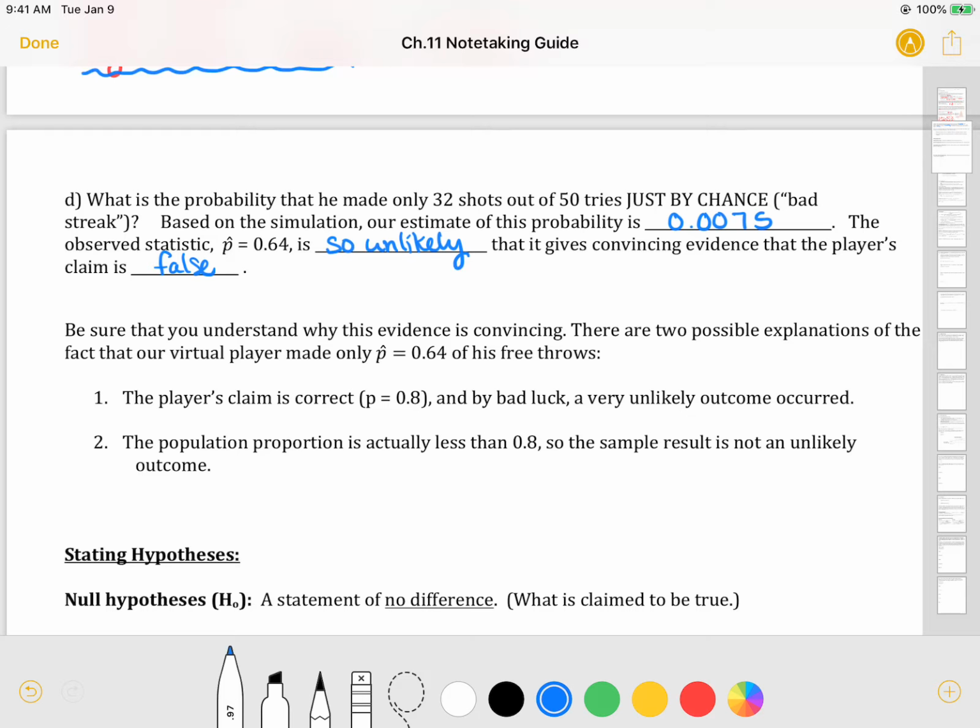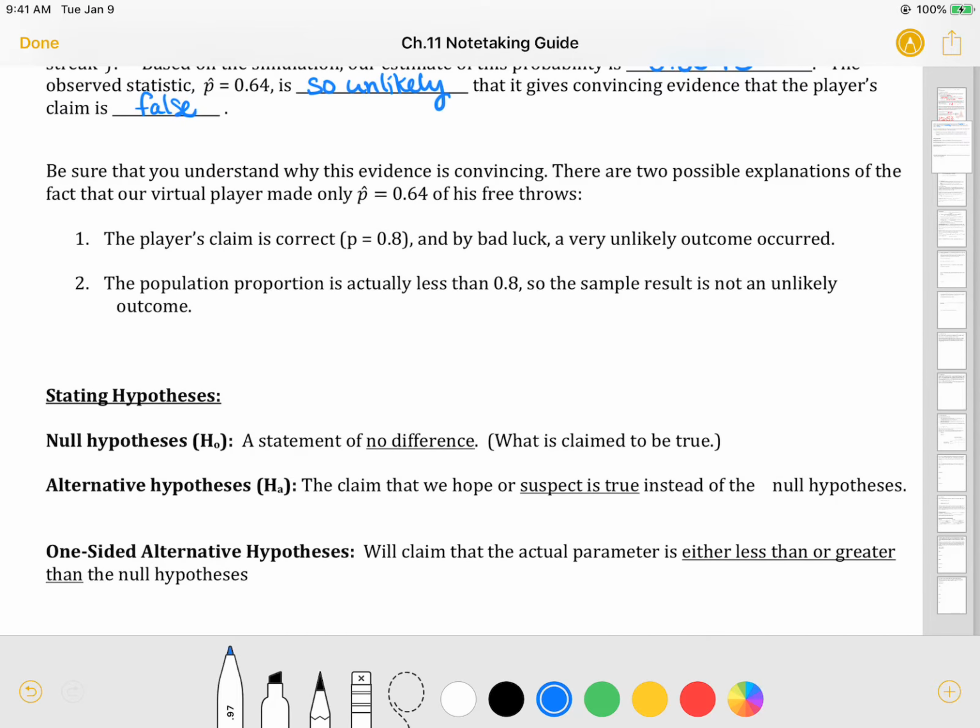Now there's two scenarios here that could happen, okay? I want you to be sure that you understand why the evidence is convincing. Possibility number 1: this player could be correct. They could be an 80% free throw shooter, and they just had very bad luck. But this is a very unlikely outcome; this bad luck will only happen less than 1% of the time.